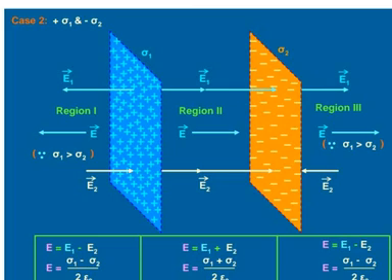Because the magnitude is the same and the signs are opposite, you will get sigma minus sigma upon 2 epsilon naught in region 1, that means 0. Similarly in the third region the answer will be 0, and in the second region your answer will be sigma plus sigma upon 2 epsilon naught, meaning sigma upon epsilon naught.